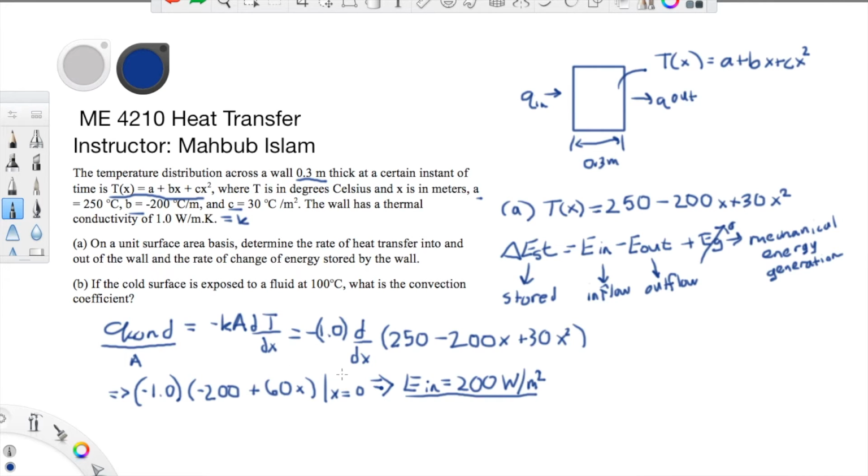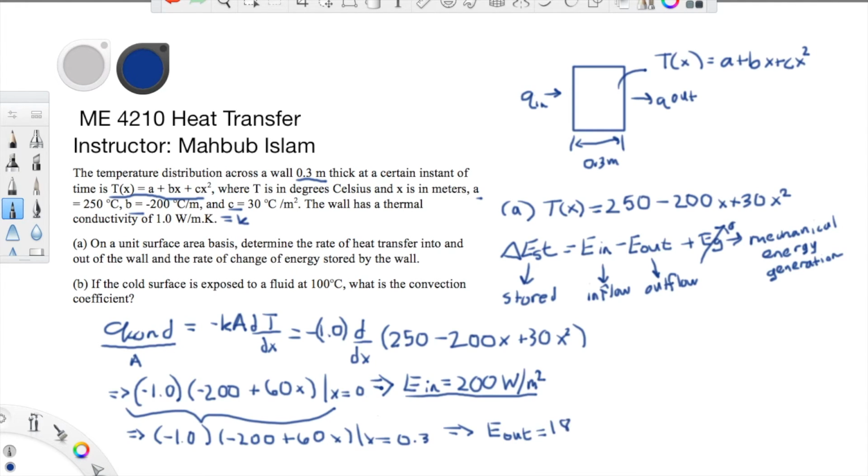In order to solve for our energy outflow, we'll be using the same formula as here, except our x position will be at x equals 0.3 meters, since that is where the heat is being transferred out of the wall. So our outflow of energy is 182 watts per meter squared.